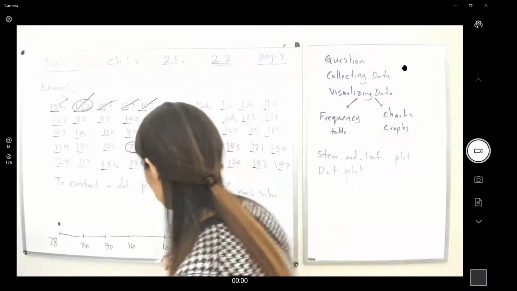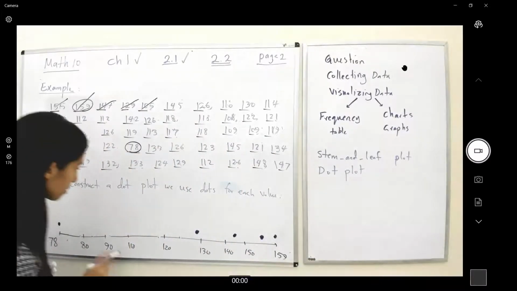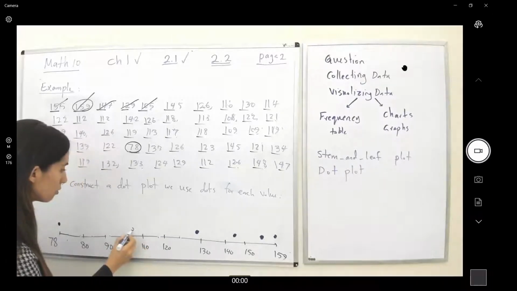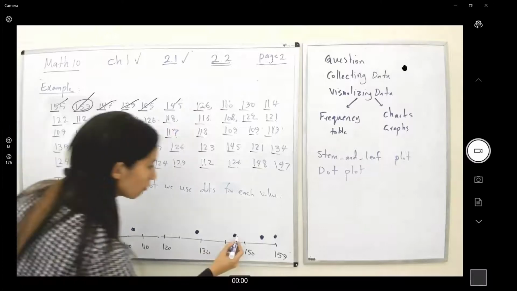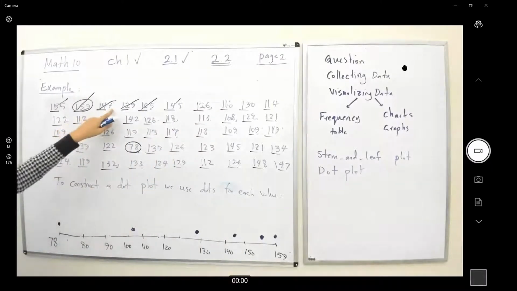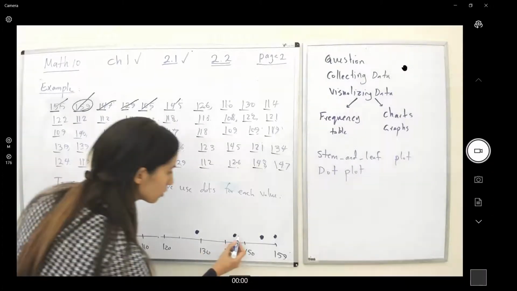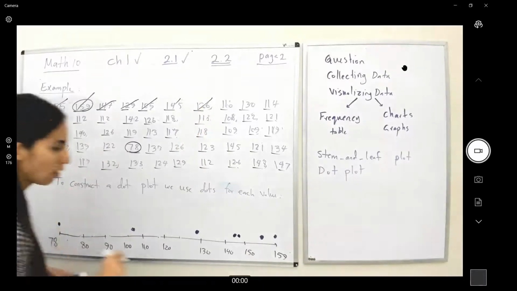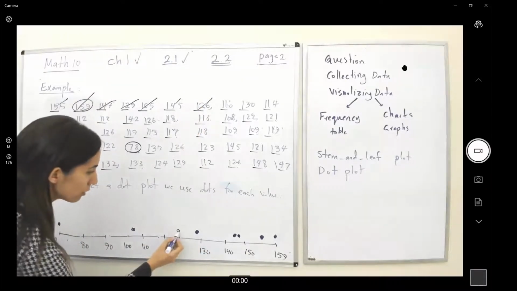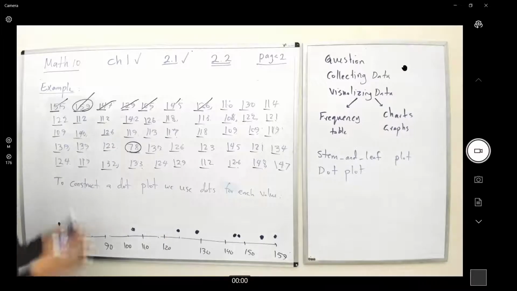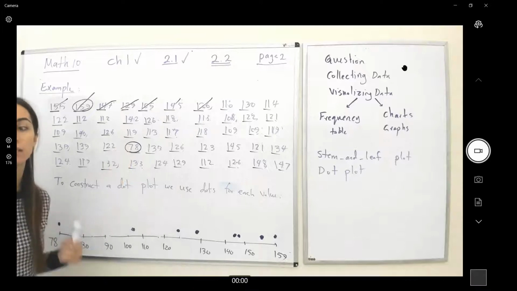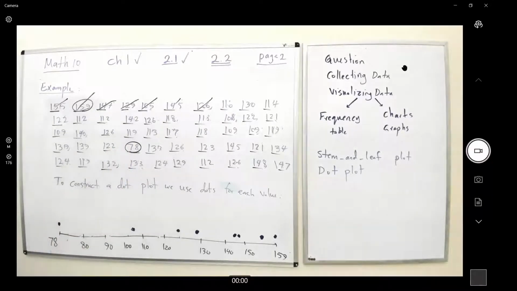It's close to here. So 100, 110, 105. Then 145, 145. So here we have 144, 145. It's going to be close to 144. Then you have 126. 126 is going to be roughly here, and so on. So you start using these numbers and dots representing each of them. Okay, take your time. Try to form the dot plot.